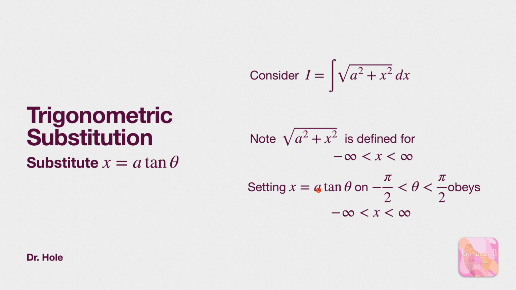Thus, if we set x equals a tangent of theta and place a restriction for thetas from negative pi over 2 to pi over 2, then these x's will run from negative infinity to positive infinity. Remember that if you think of the graph of tangent, tangent is asymptotic with theta equals negative pi over 2 and theta equals pi over 2. In other words, the outputs run the entire number line. Good.